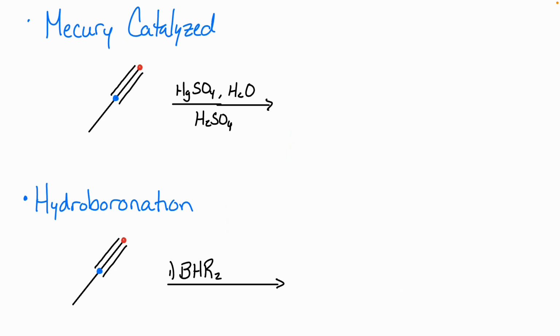All right, basically they took this boron and they put some big bulky alkyl groups on it. It doesn't matter, that's just what the R stands for. It just means some big group on there, okay? So previously we saw BH3, now it's BHR2, but it's going to do the same sort of thing in that same THF solvent, and then follow it up with H2O2 and NaOH, just like we saw before.